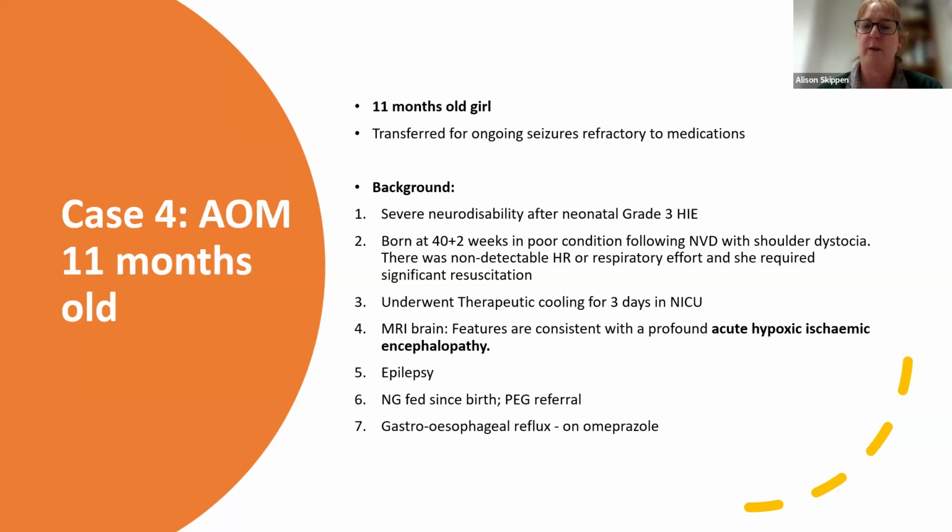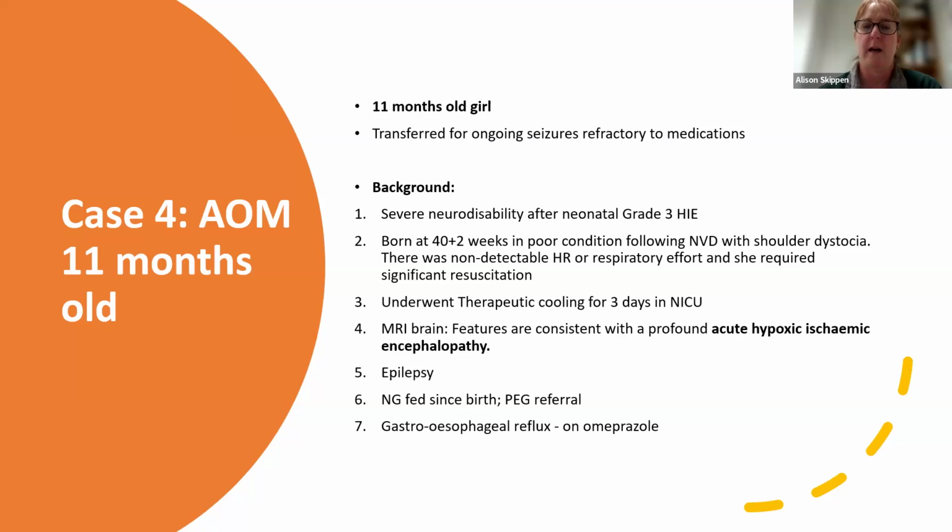So at 40 plus 2 weeks, as she was being born, her shoulders were unable to be delivered, and she was born after a period of probably 10 to 20 minutes of delay with no heartbeat and no respiratory effort, and required significant resuscitation.